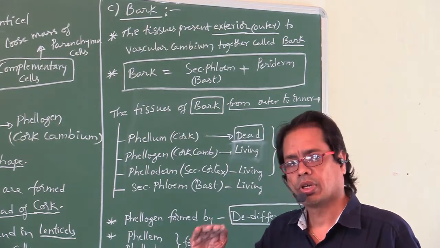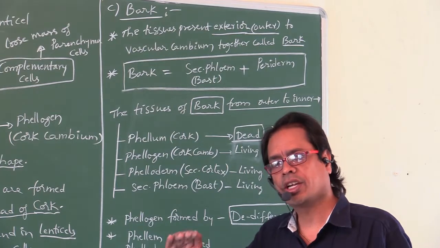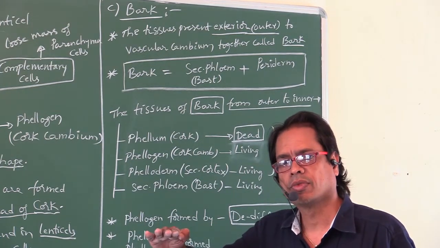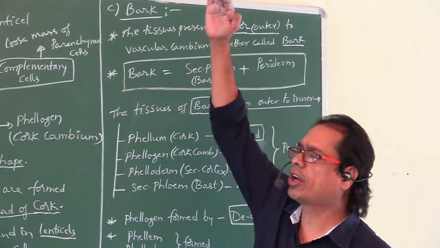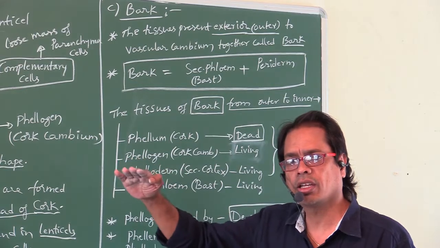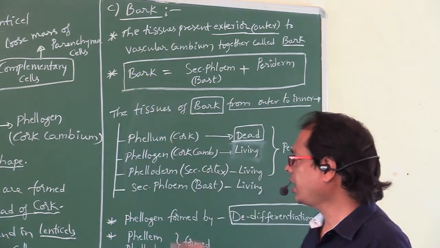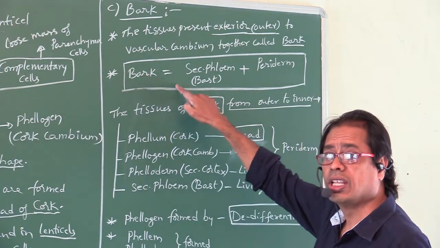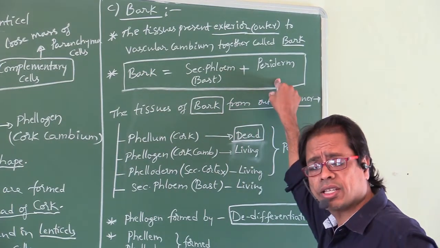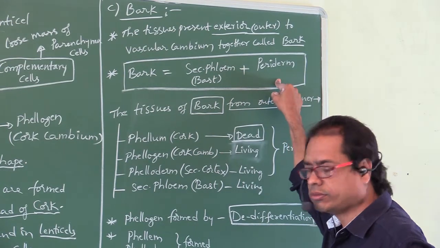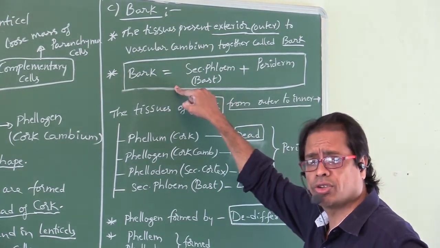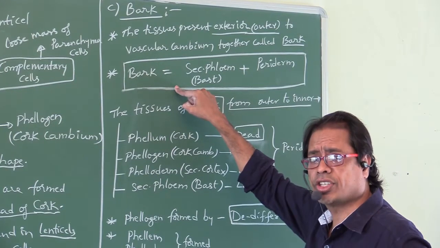Generally the tissues present are secondary phloem and periderm. Periderm means 3 layers: phelloderm, phellogen, phellum. So bark is equal to secondary phloem plus periderm. Bark contains many kinds of tissues.